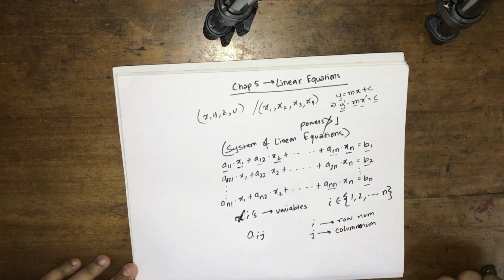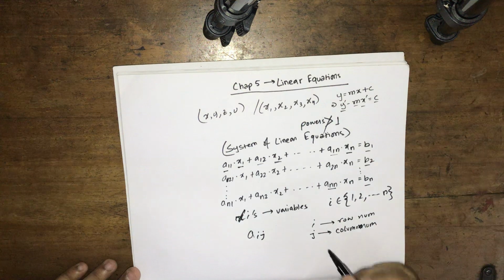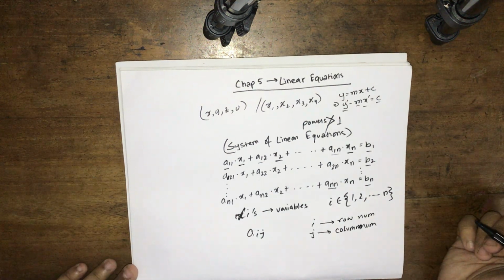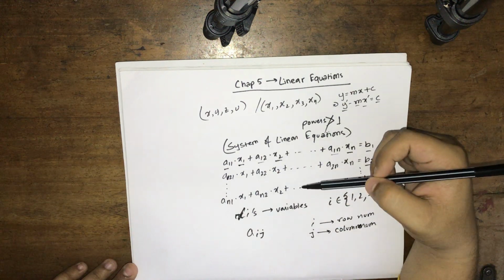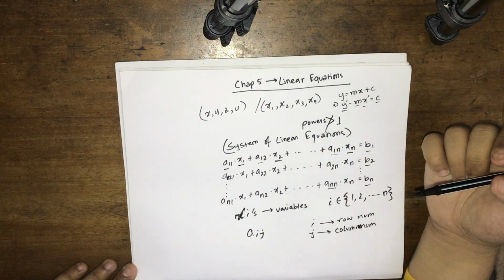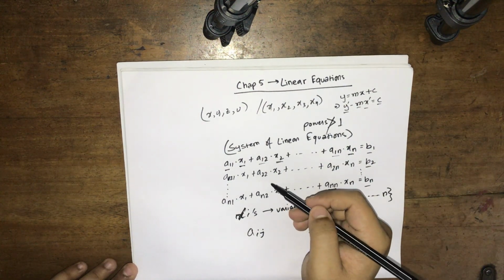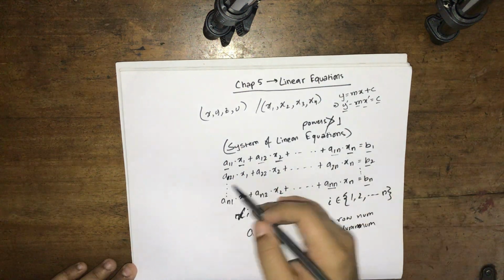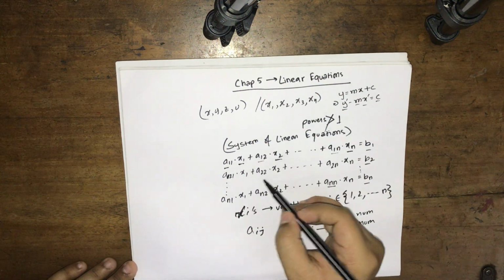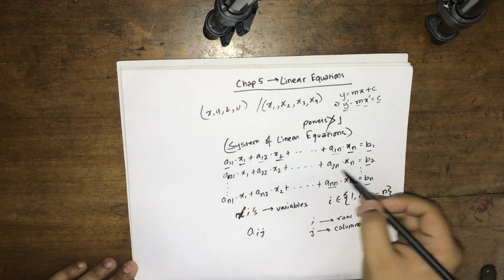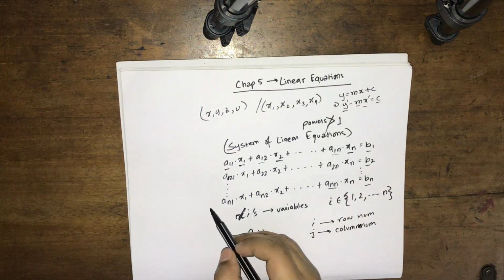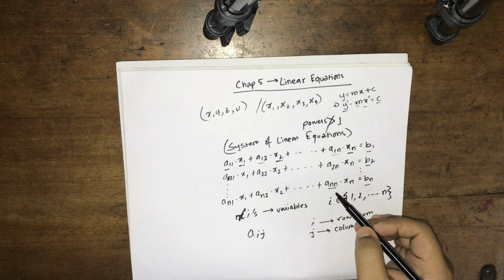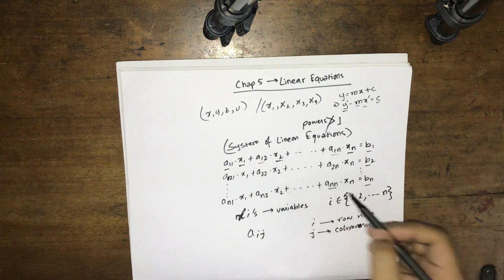So if we want to see the number in the second row and second column, what will it be? A22 basically. Second row, second column, A22. Second row, nth column, A2n. Nth row, nth column, so it's Ann.